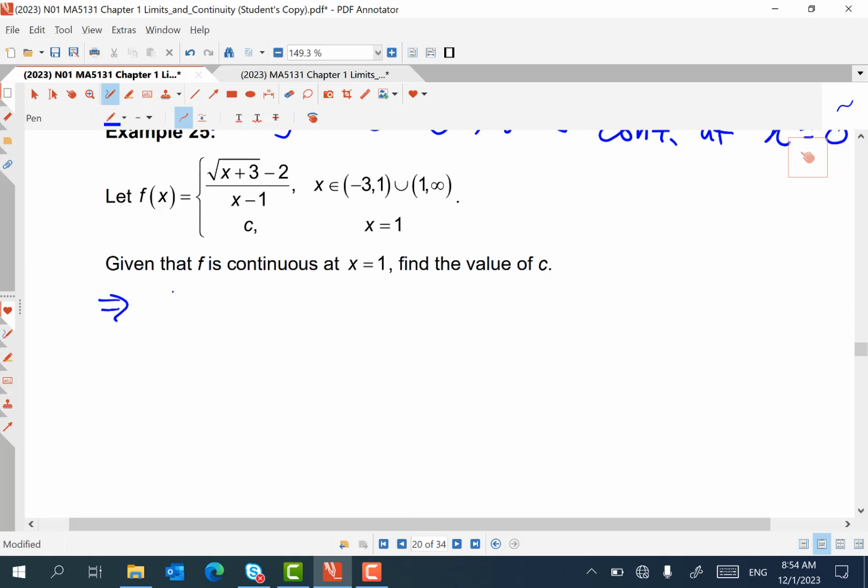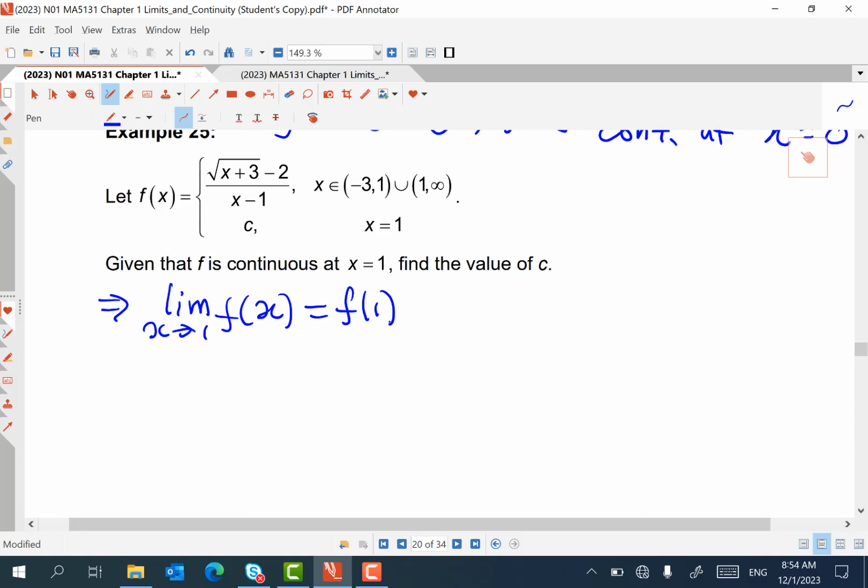Immediately, the limit as x goes towards 1 of f(x) - this kind of question tests you on your concept of continuity. So the very first line you want to do is to make use of the condition. In fact, you realize that the condition I'm using is the third one, which encompasses the first two actually. Right? It's all in one.